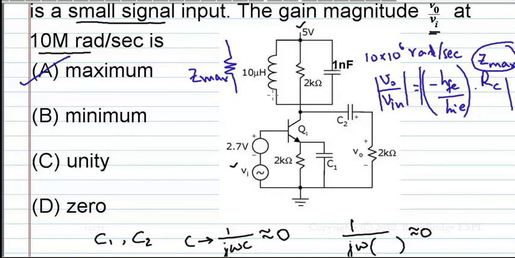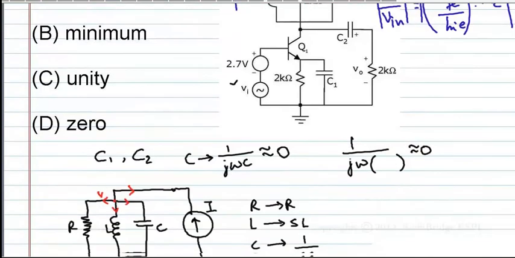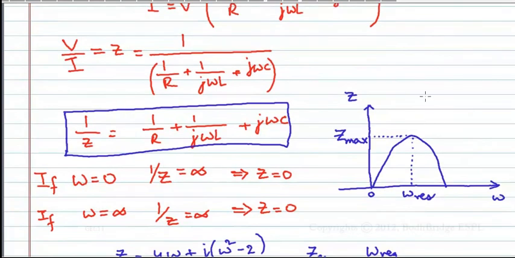For a common emitter circuit, the voltage gain is minus h of fe by h of ie into RC. And a parallel RLC circuit at resonance frequency will have maximum resistance. That is what I proved here. First of all, I proved that for a parallel RLC circuit at omega equal to resonance frequency, Z is maximum.